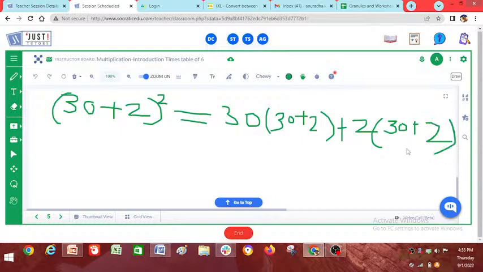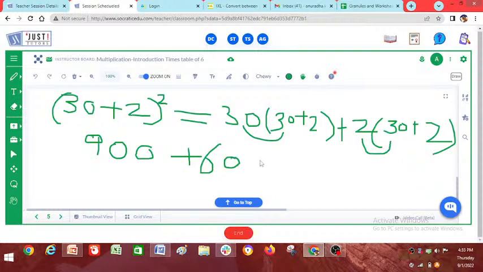And now we are just going to solve this one. So we know 30 times 30 is 30 square, that is nothing but 900. And then we'll put a plus, and we know 2 times 30 is 60, so we'll put a 60 over here. And then plus, for the next one, this 30 and this 2 will also make 60.